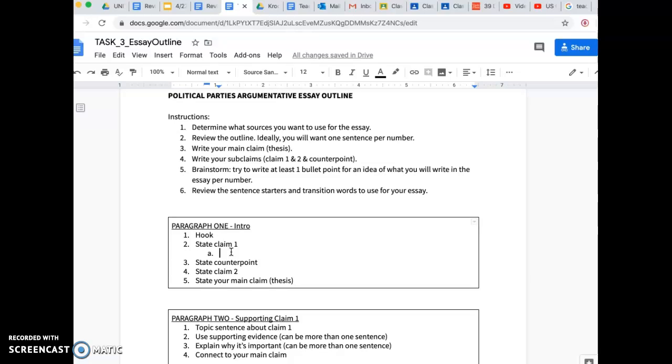So for claim 1, I can say that the two major political parties do not represent independent voters.